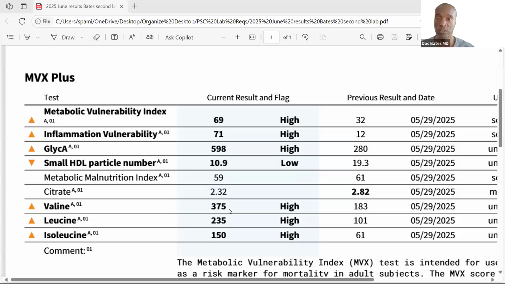The enterocytes of the small intestine, these are the cells that absorb our nutrients, they have been damaged. They're not functioning properly. And even with a fasting lab and the person hasn't eaten for 12 hours, there's still all of these unabsorbed amino acids floating around.